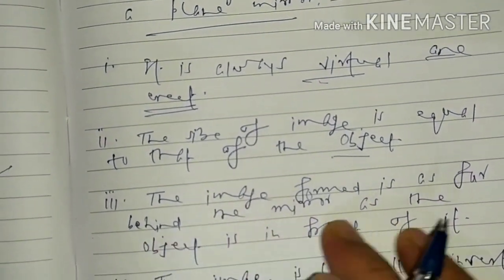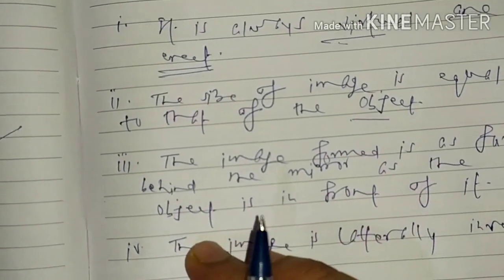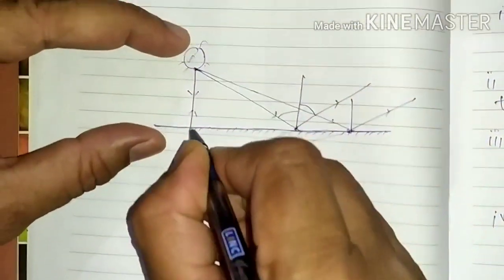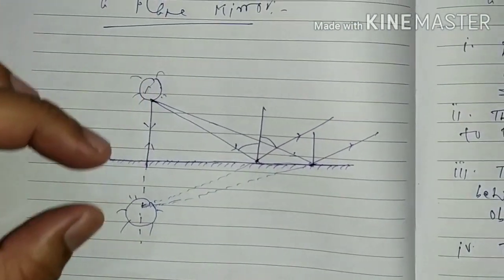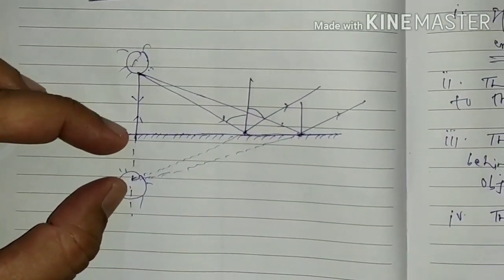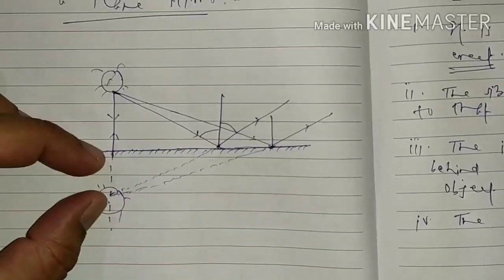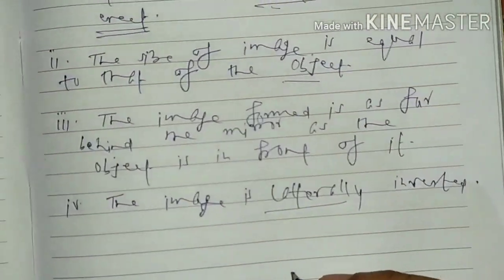Third, the image is formed as far behind the mirror as the object is in front of it. Suppose this is the mirror and this distance is the object distance, then the image distance will always be the same. So the object distance is equal to the image distance, and the image is laterally inverted.